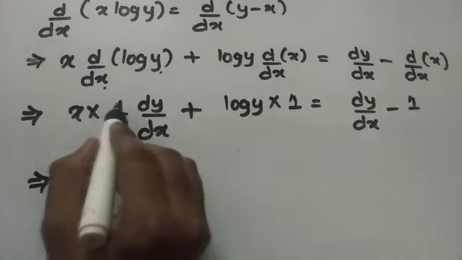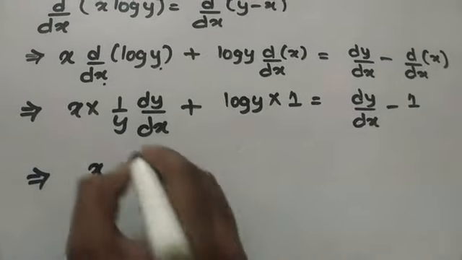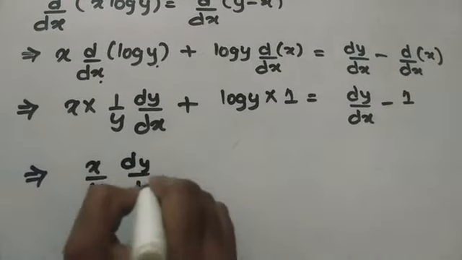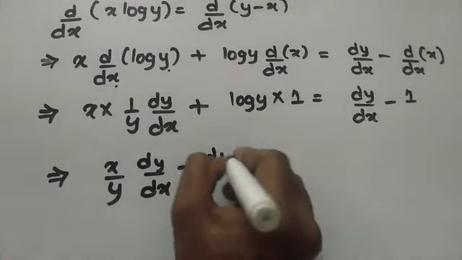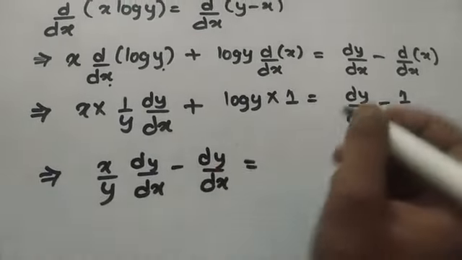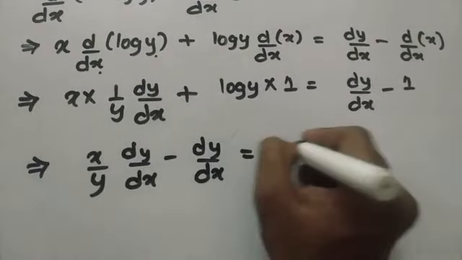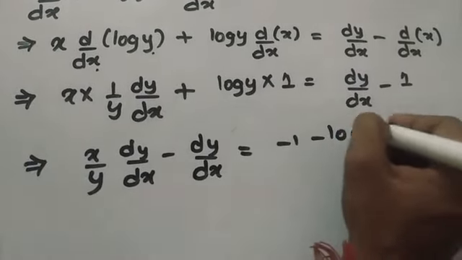So x into 1 by y, that is x by y dy by dx, and taking that term from that side to this side, minus dy by dx equals minus 1 minus log y.